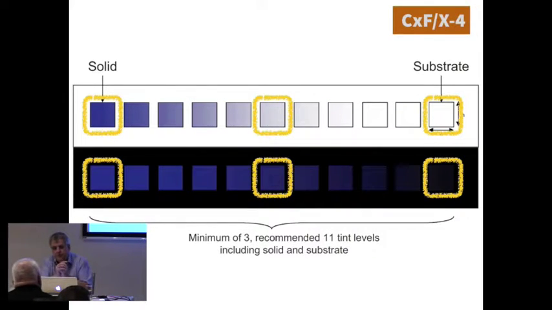And then you have CxF X4. If you want to go for the real thing, you should also provide measurements of spot ink on black, printed on top of black ink. And again, the minimum requirement is to have 3 measurements on white or on the substrate, and 3 measurements on black ink.